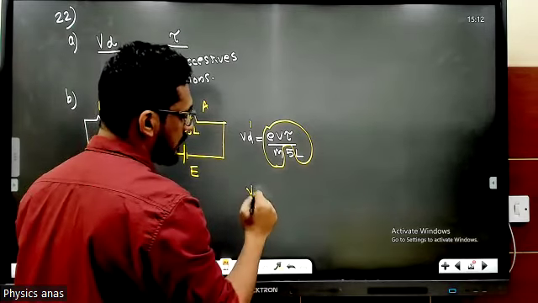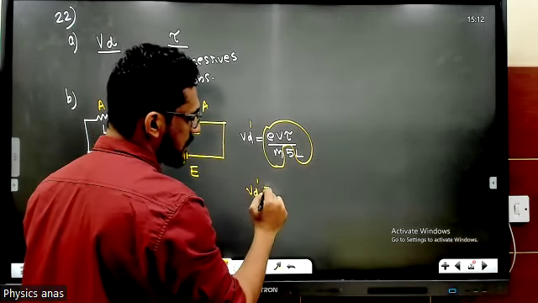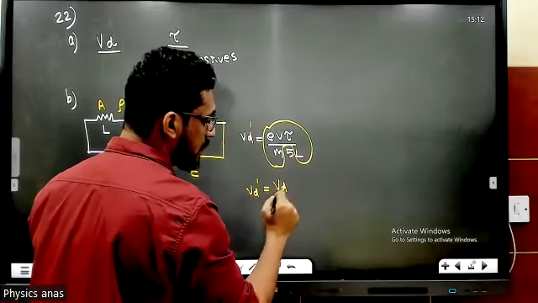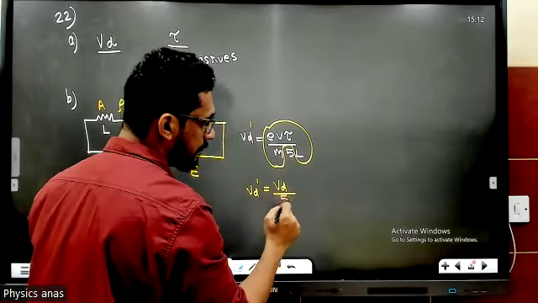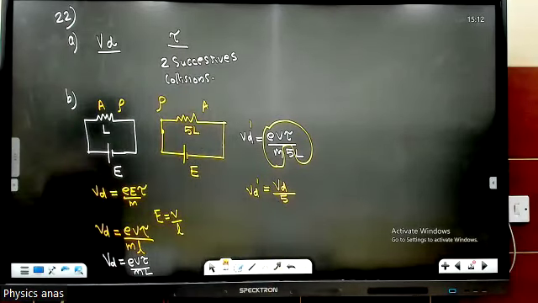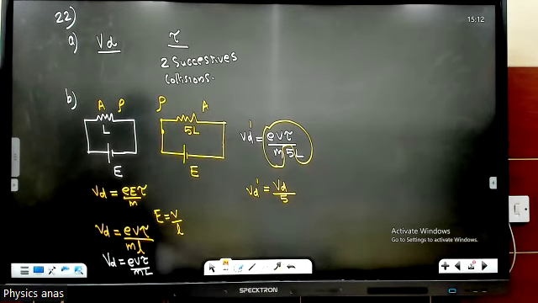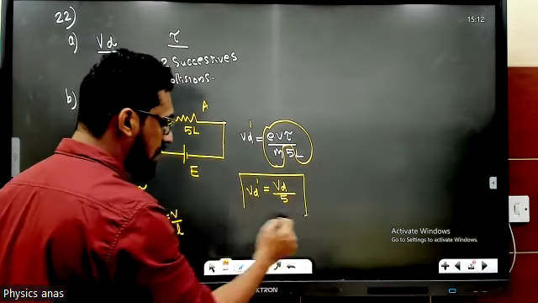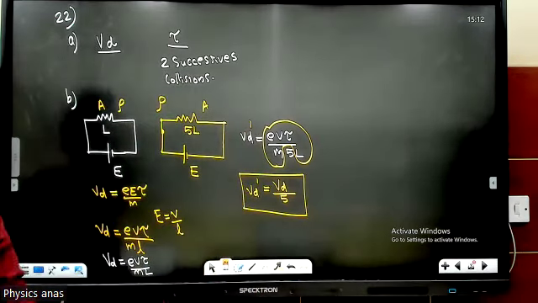Now you can write it like this: the new drift velocity will be the old drift velocity divided by 5. So you can get this relation from the two equations.